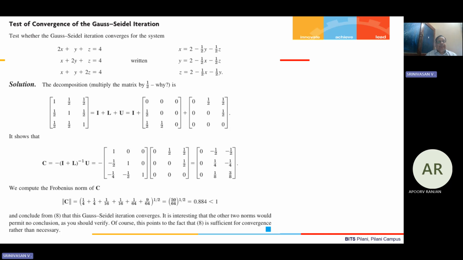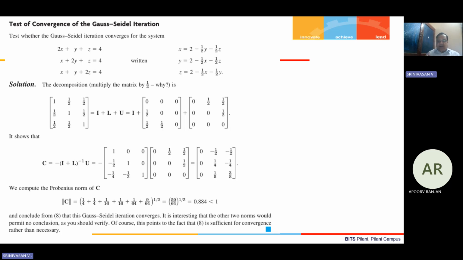Okay, right. Here, of course, you don't need to show that the coefficient matrix is diagonally dominant.